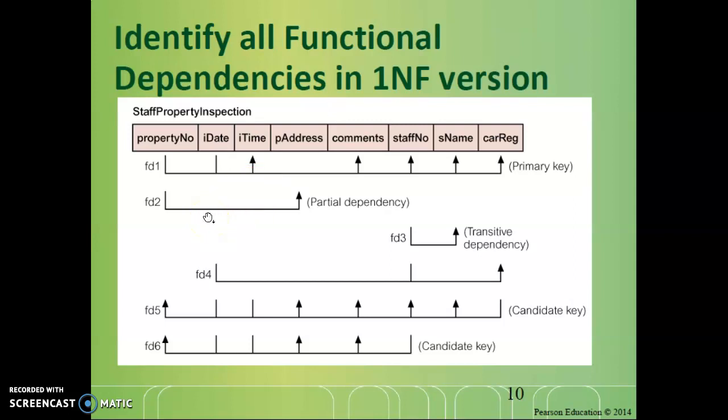I told you already about the candidate keys. Those are the minimal set of attributes to identify each tuple in the table uniquely.